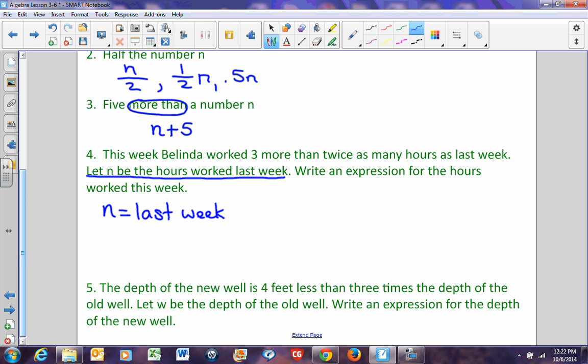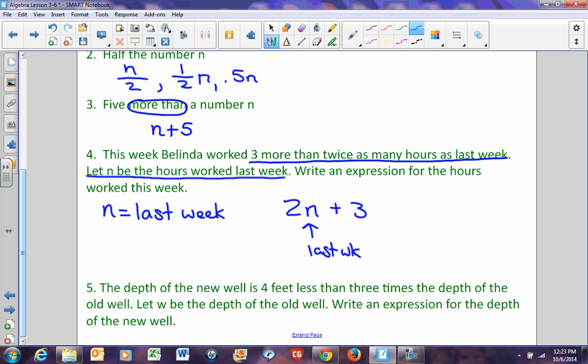This week she worked 3 more than twice as many hours as last week. Twice last week would be 2n, and then 3 more than that is 2n plus 3.